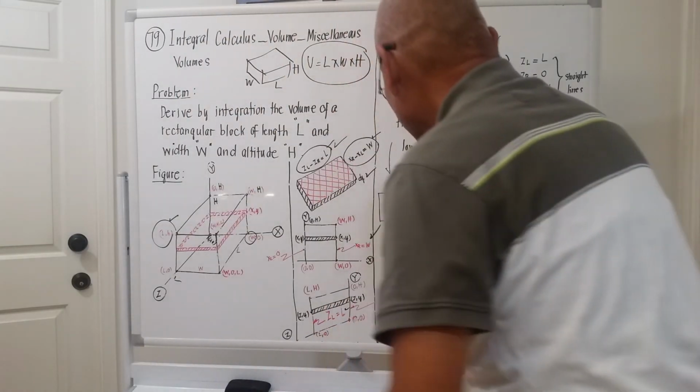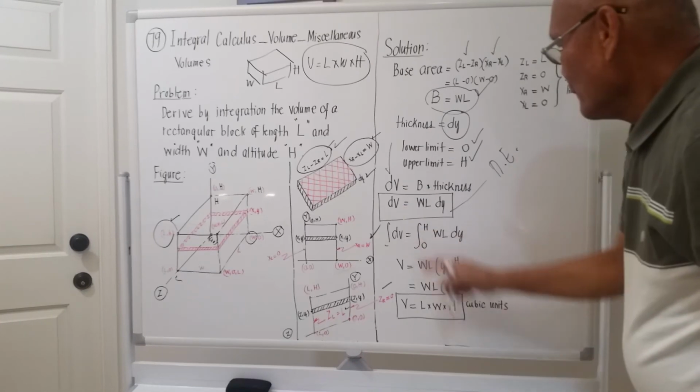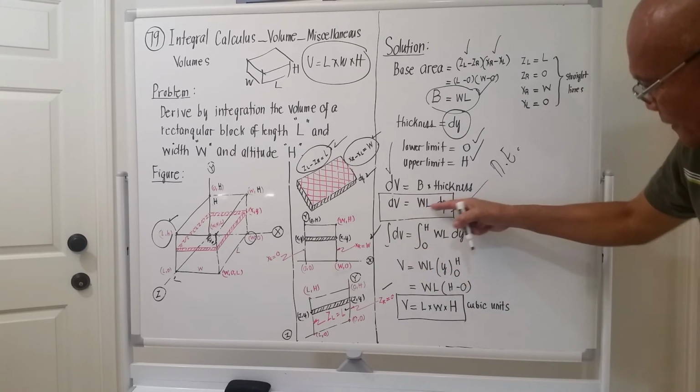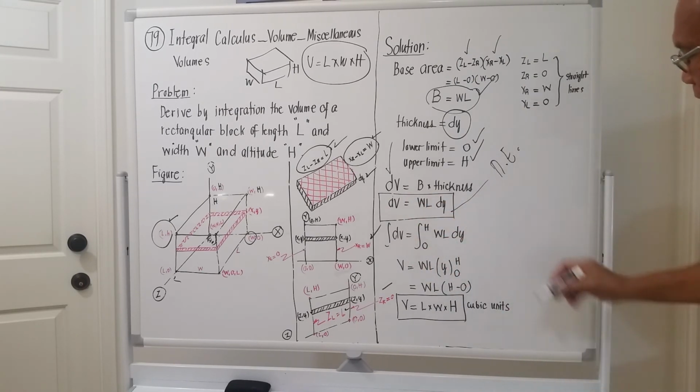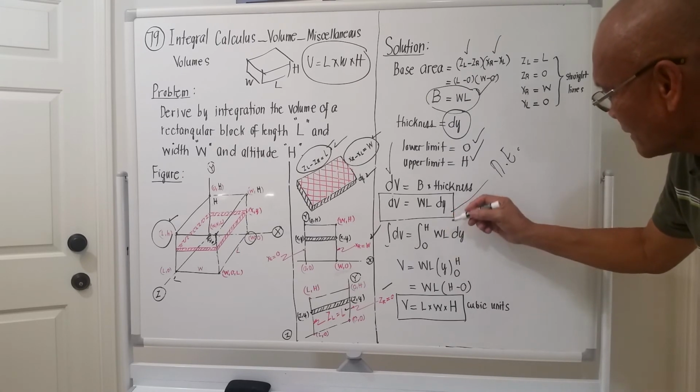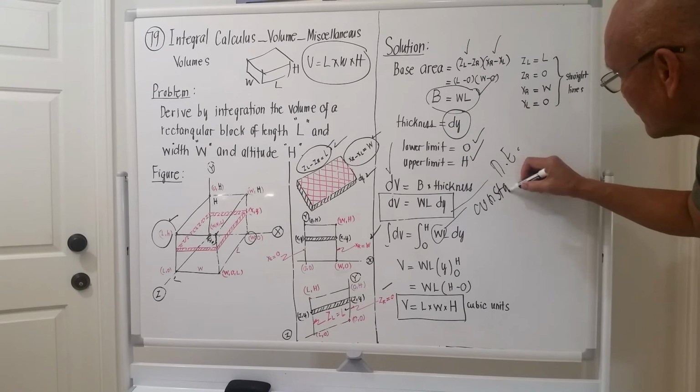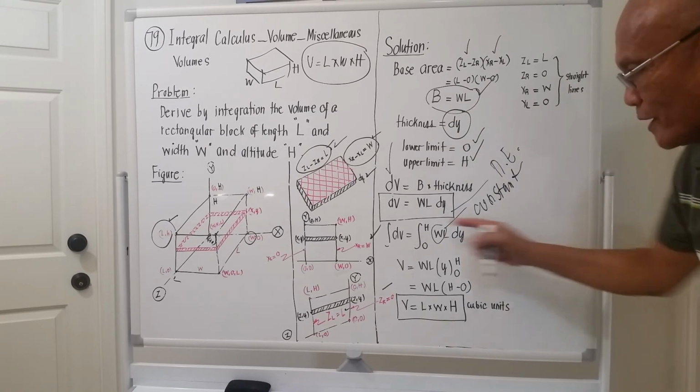We now integrate both sides. So the integral of differential volume equals the integral from 0 to capital H of WL dy. But this WL are constants, so they come out.